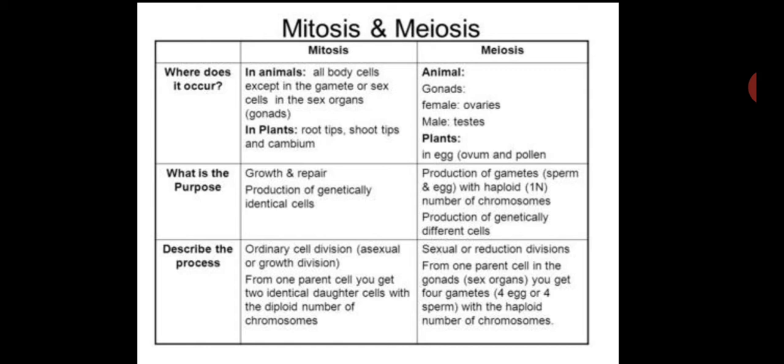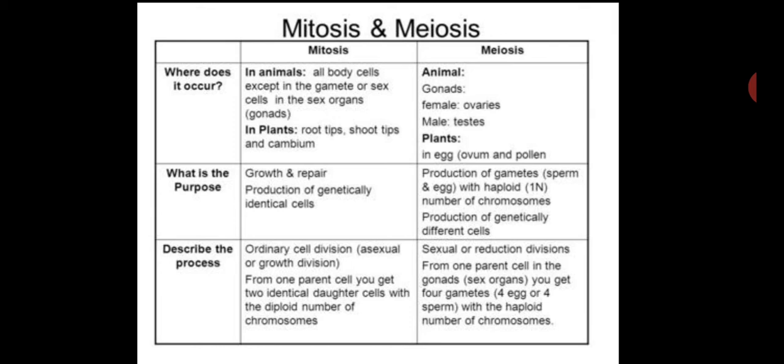Production of genetically different cells: after meiosis, the four haploid cells are not equal, not similar, they are quite different genetically. That is why genetic recombination occurs during meiosis, which can lead to a different generation, a different offspring.